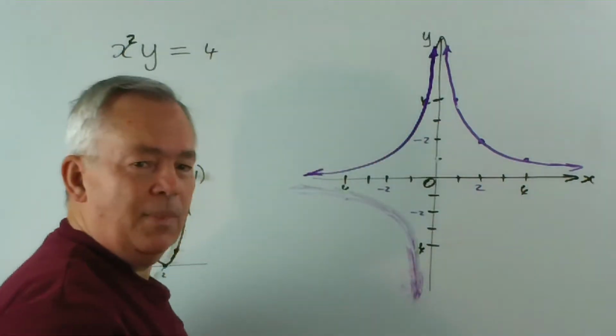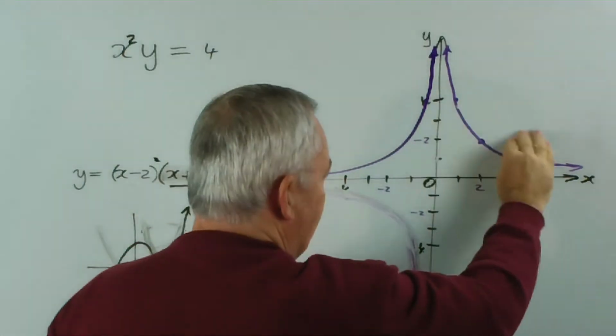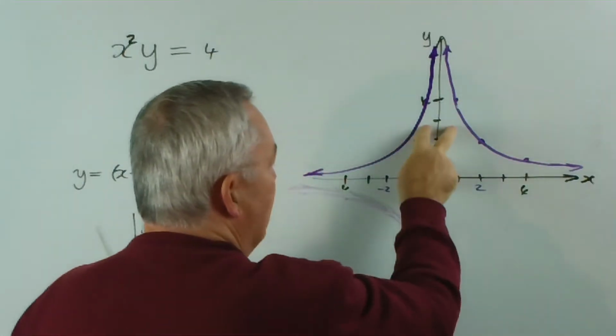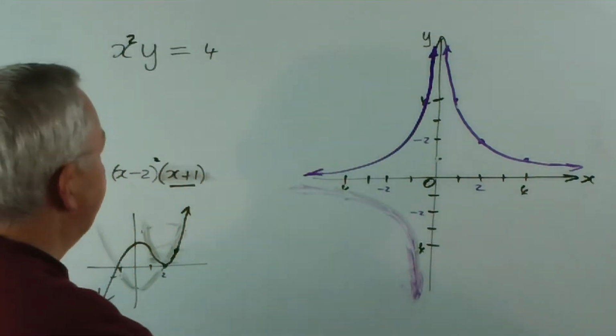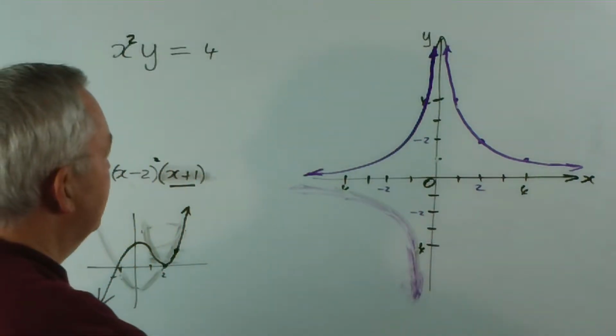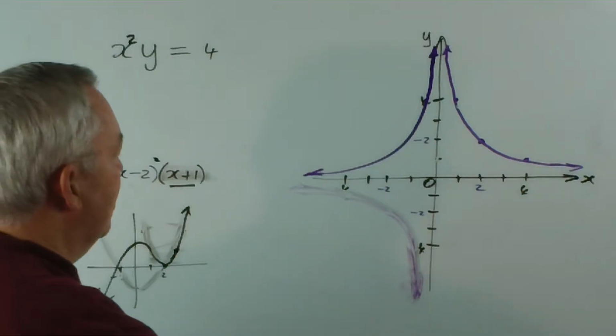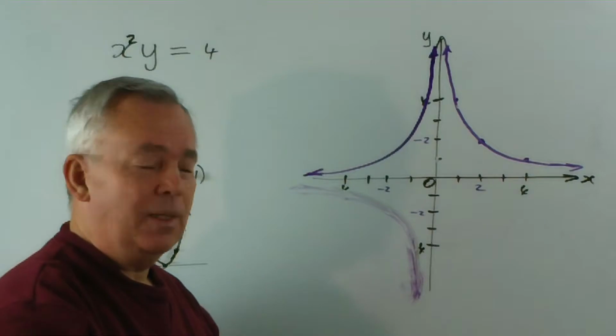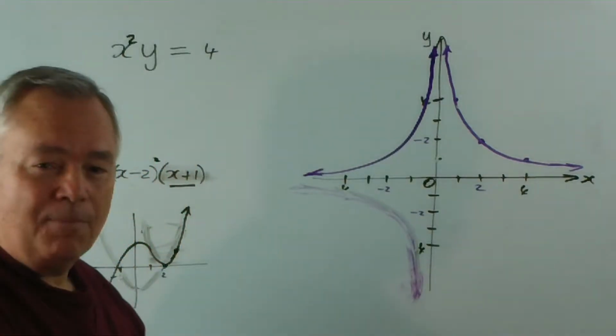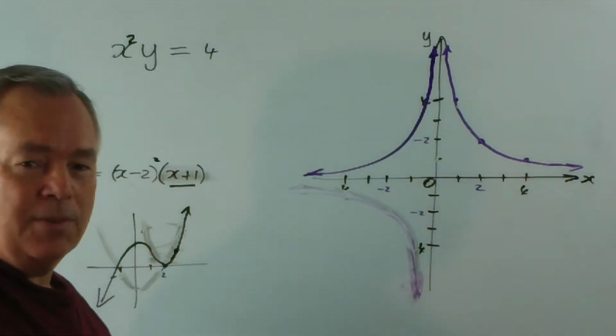So it's not exactly the same shaped curve as it was before, but it is symmetrical about that vertical asymptote. That's the consequence of doubling an asymptote. So let's experiment. Let's do one or two more of these.